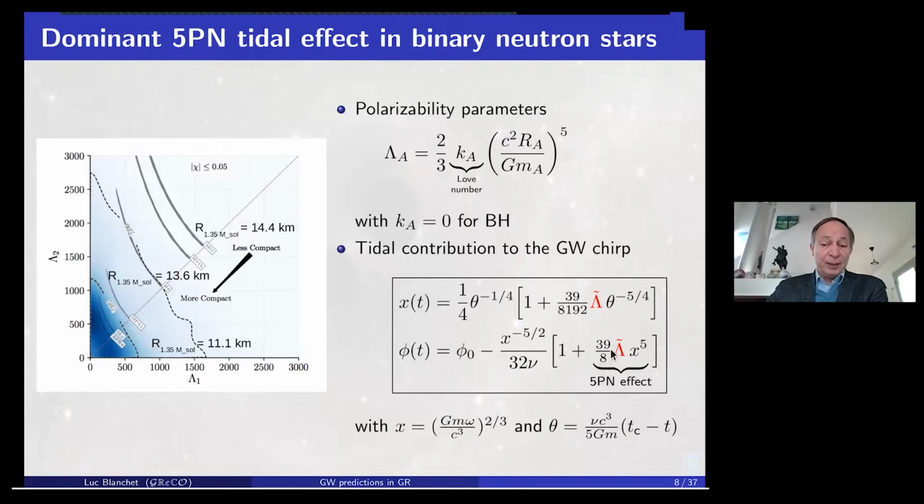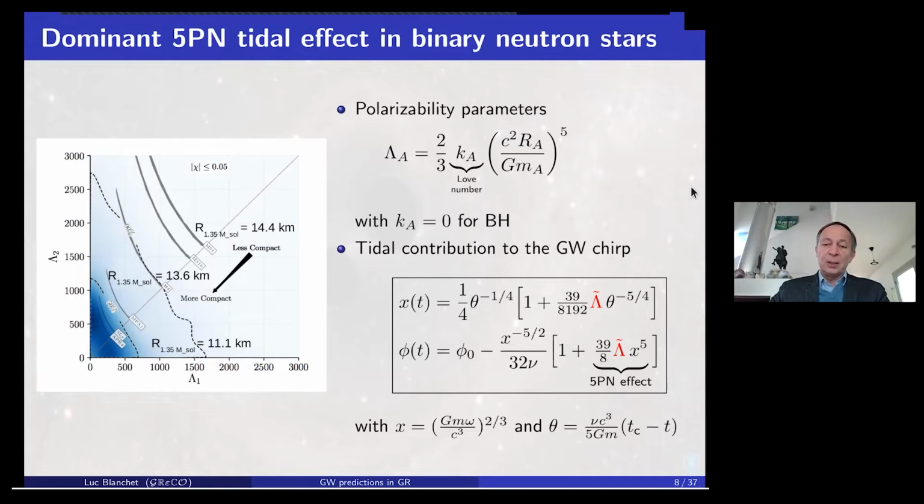But the coefficient in front, as has been shown by many works in the past, can actually be very large. And this is computed for various equations of state, and you see it can be of the order of 1,000, 1 or 2,000, and therefore this can be measurable or constrained by LIGO, Virgo.